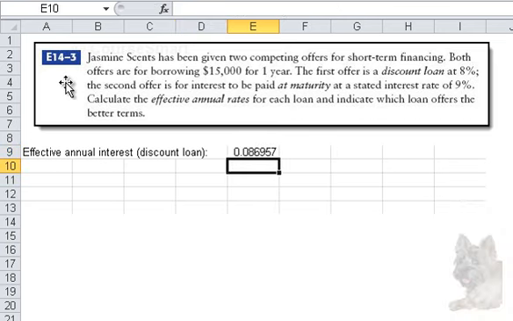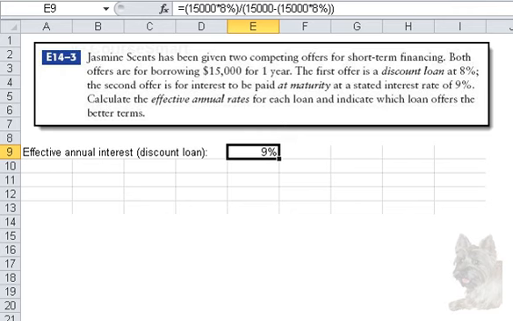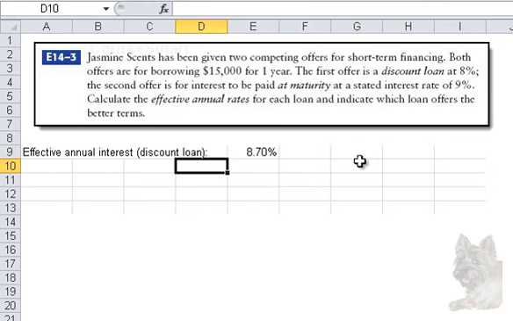And if I've done that right, I come up with 8.7%. And there's our 8.7%. Now remember, that's essentially $1,200, the interest, divided by 15,000 minus the 1,200. That's the one case.